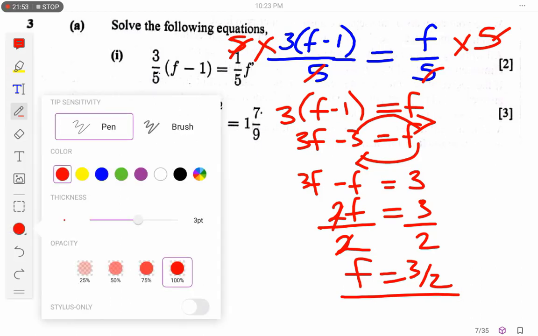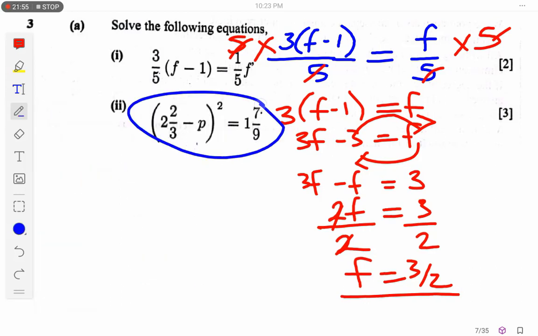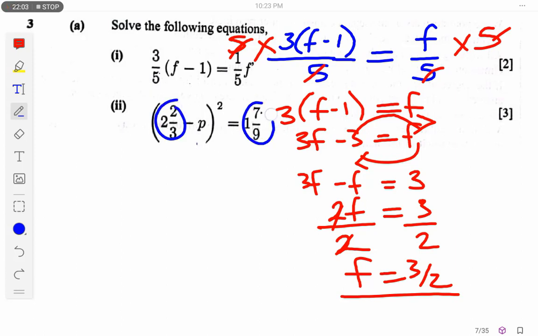Let's move on to the other part of the question, this one here. So this one, guys, let me rewrite the fractions first so that it is easy for us to solve them. So what you do for this fraction, you simply multiply 2 by that and then you add at the top. 1 by that and then you add at the top.